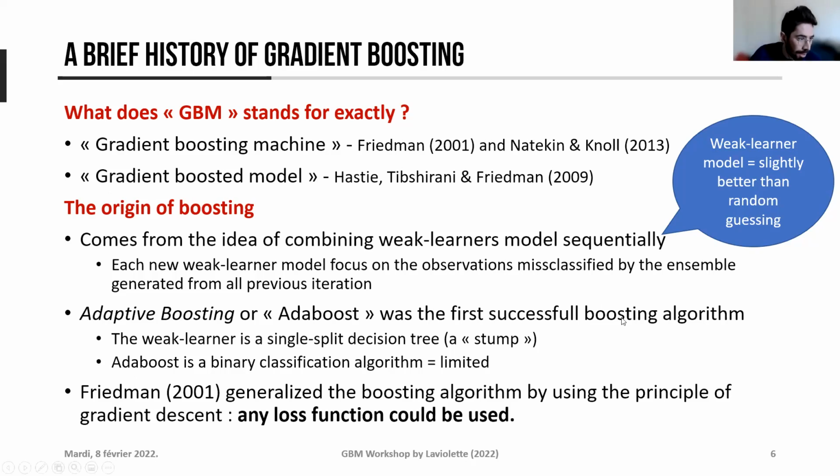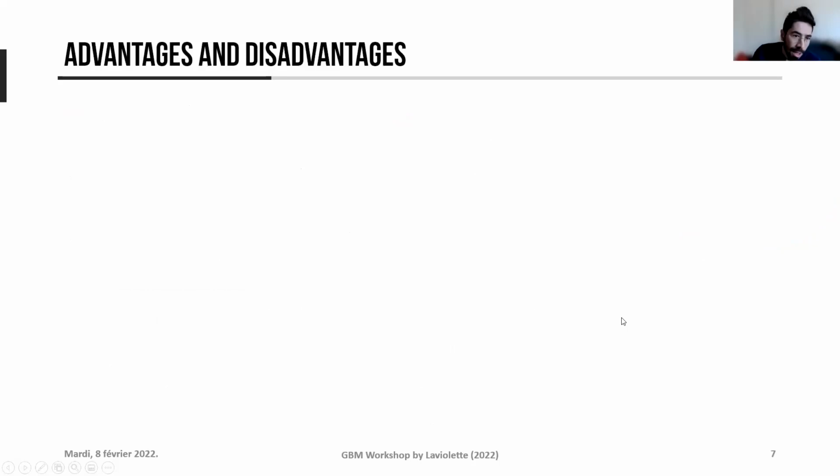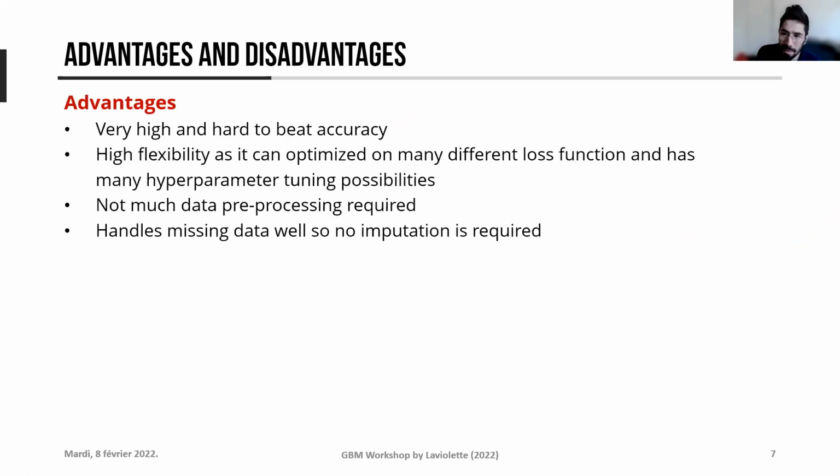All right, so that's it for the history of this. Why should we use this? That's the main question. So what are the advantages of gradient boosting? First, it has very high and very hard to beat accuracy in the things that I've read, but maybe that's because people are preaching for their own methods.